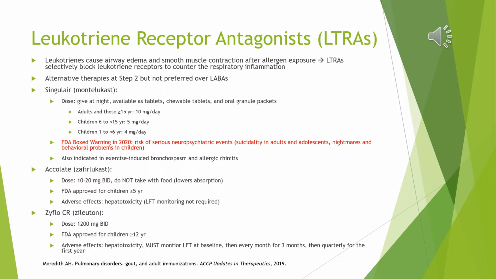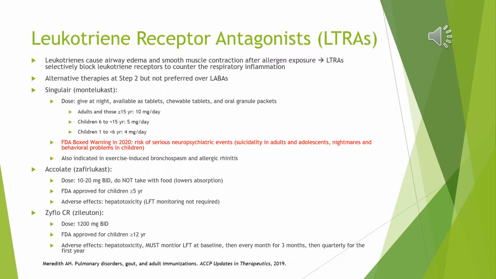These are alternative therapies at step 2, but they're not preferred over the long-acting beta agonists. The most common one is Singulair or montelukast. This is given as a one-time oral tablet or even as chewable or oral granule packets, once a day, usually given at night.